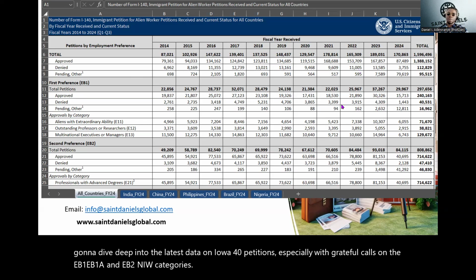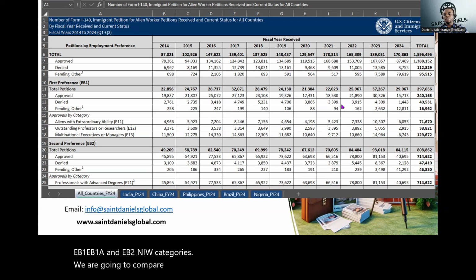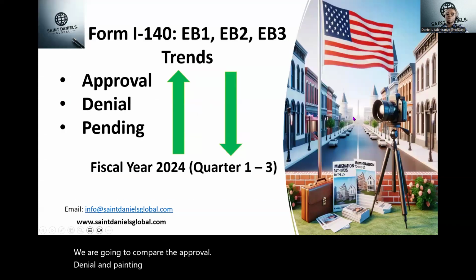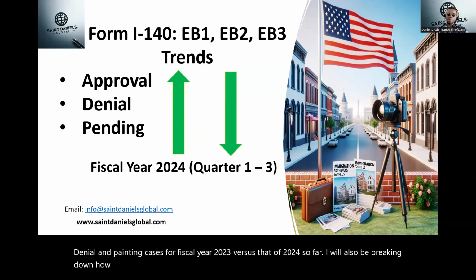We are going to compare the approved, denied, and pending cases for fiscal year 2023 versus 2024 so far. I will also be breaking down how applicants from top countries are faring. We will explore key trends and key insights.